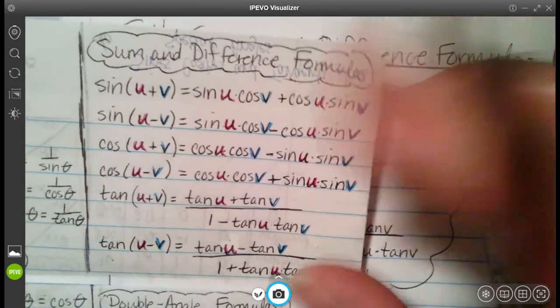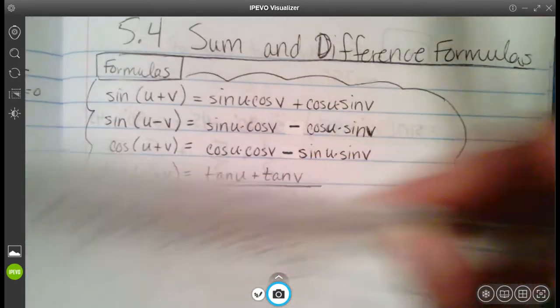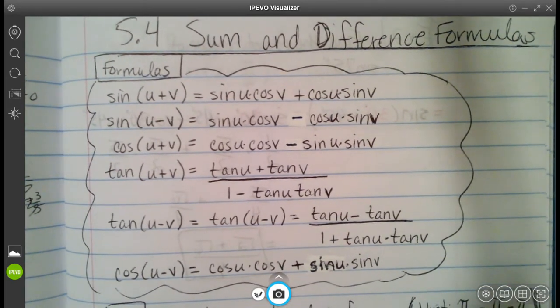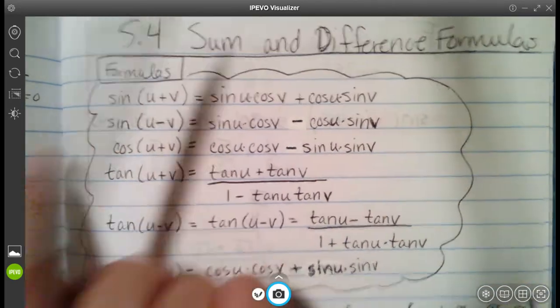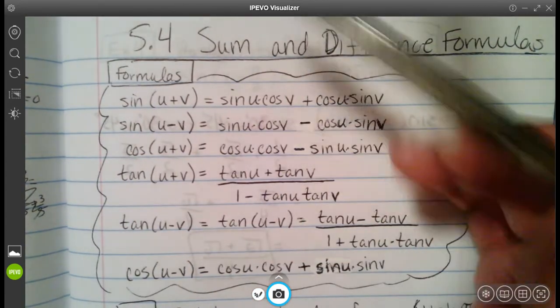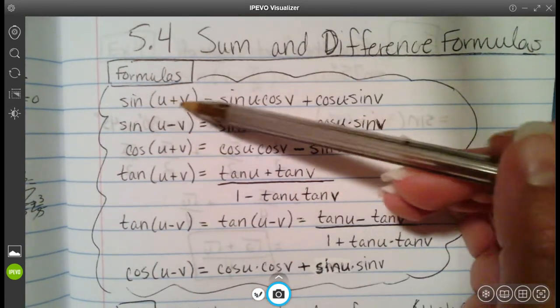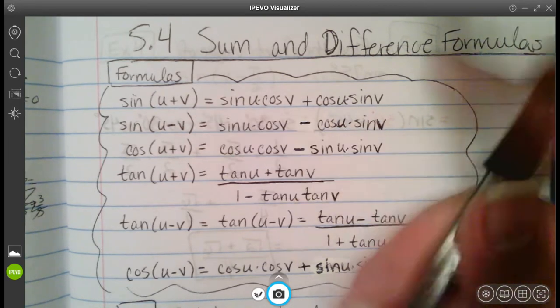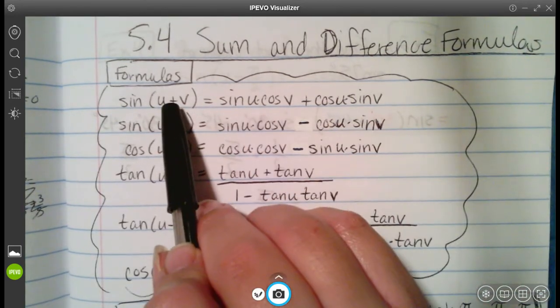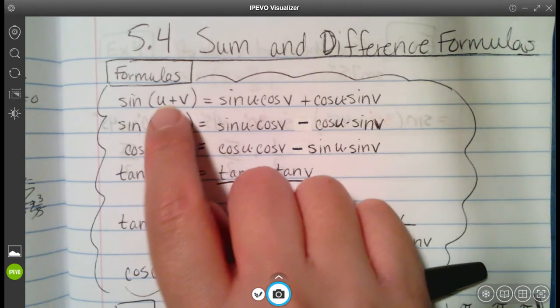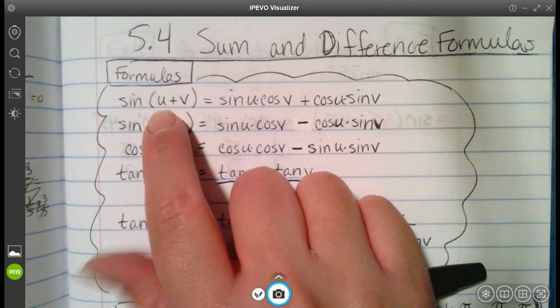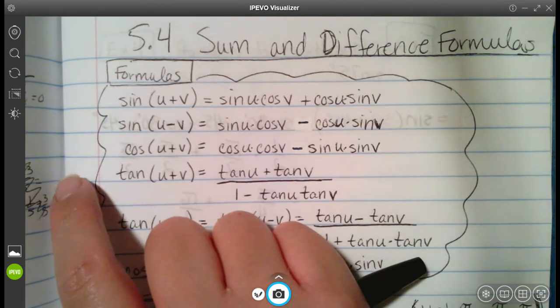Okay. So for the sake of time, I am going to reference it here for now because I already wrote it down. Let's get right into it. These are broken down into pieces. If you're taking the sine of some kind of sum of two values, you can find the value by breaking it down into two pieces. Let's say, for instance, sine of pi over 12. We can break that down into pi thirds and pi fourths.